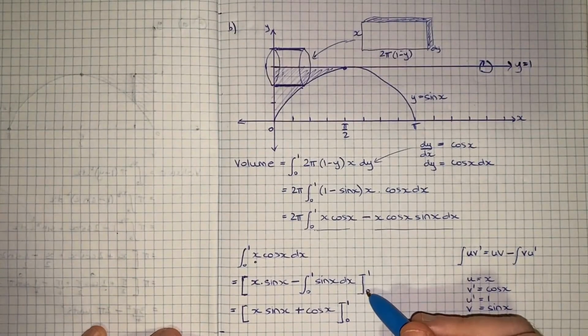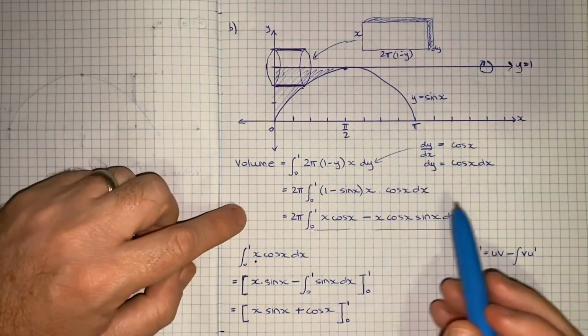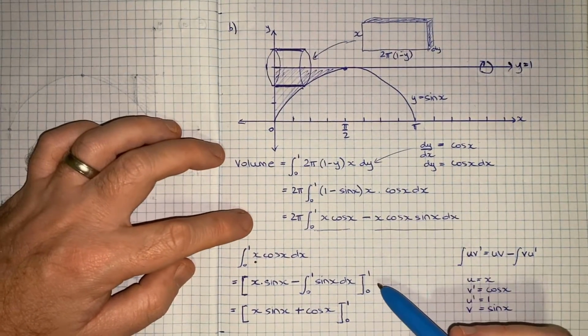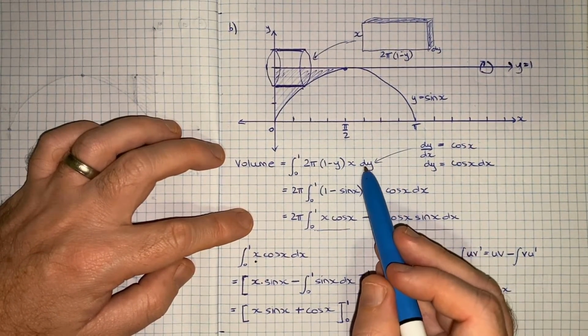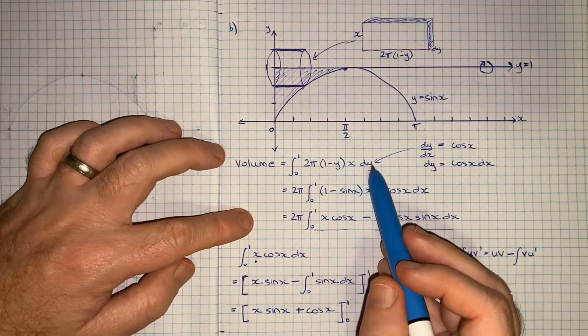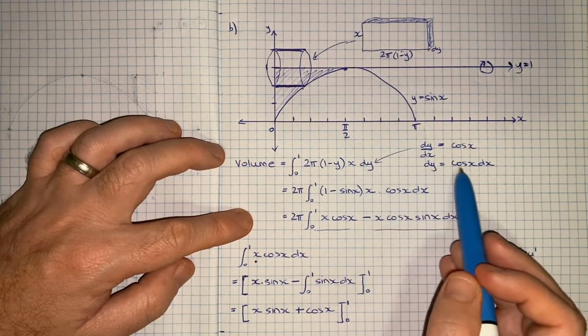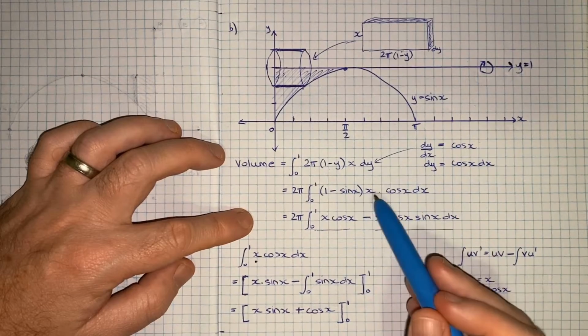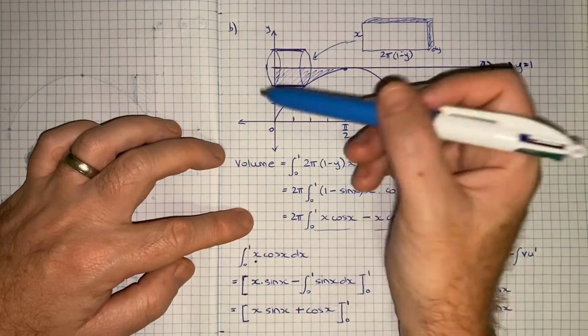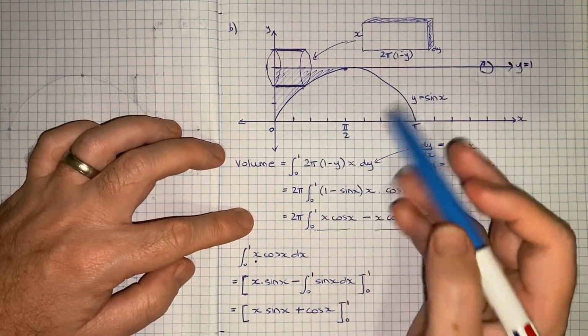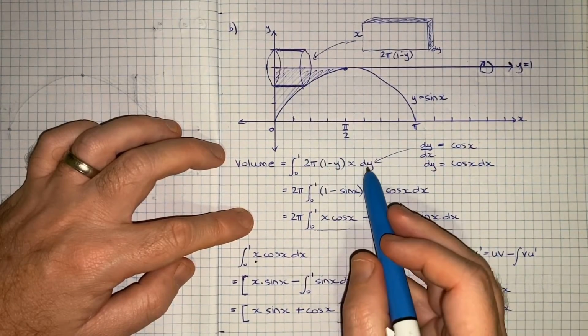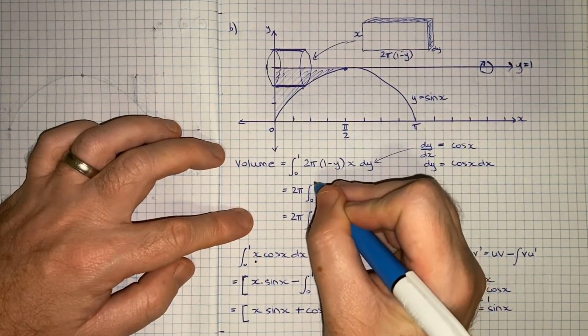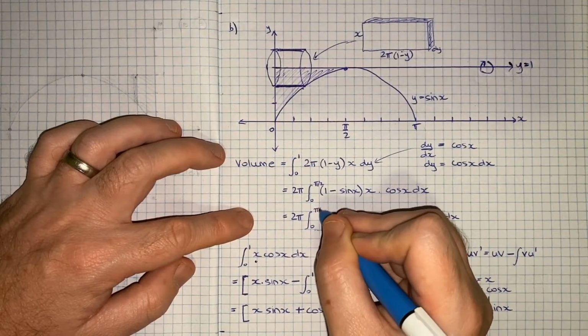And actually I think something I missed, but I've just noticed, is that when I switched from going with respect to y to with respect to x, that means we flip from going from 0 to 1 to 0 to pi on 2. So actually from here I should really write pi on 2 wherever there's a 1.